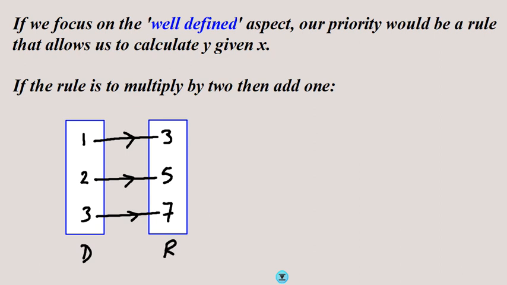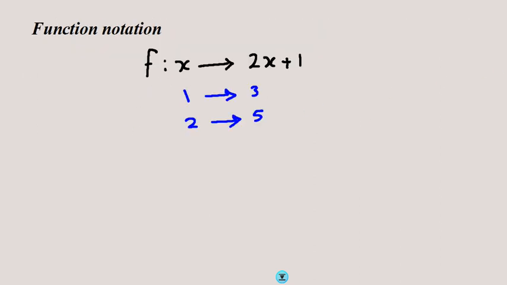Only in the case of this notation, we are using generalized arithmetic, that is algebra, and we have the value of x that stands for any number, any element in the domain. Even though this is function notation, it is mostly referred to as mapping notation, because it still maintains the idea of a mapping, as can be seen here.